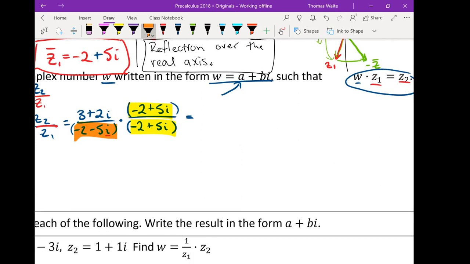3 times negative 2, so negative 6. 3 times 5i is positive 15i, minus 4i, and then plus 10i squared. That's all over plus 4 minus 10i plus 10i and a minus 25i squared.